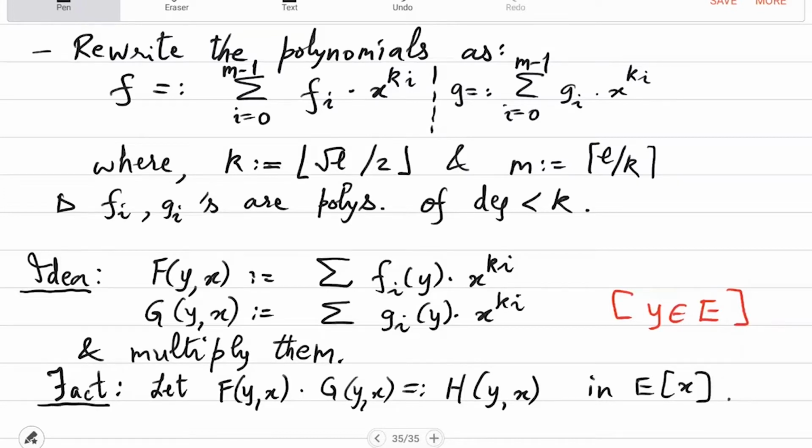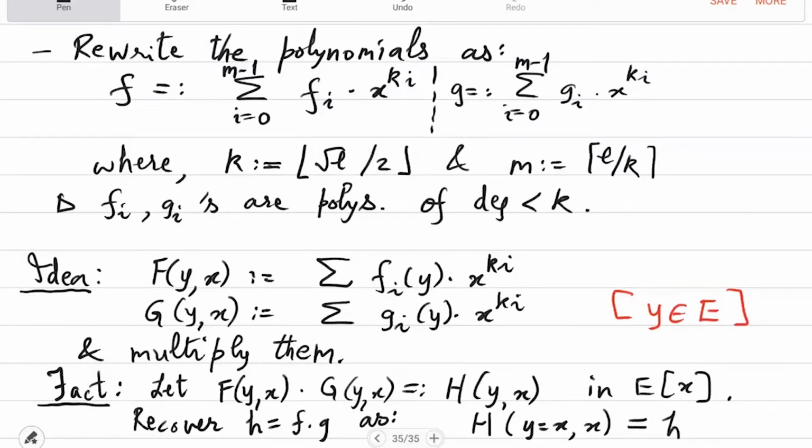Yes. So why does it work? By substituting y equal to x in big H, why will you get the product f times g correctly?